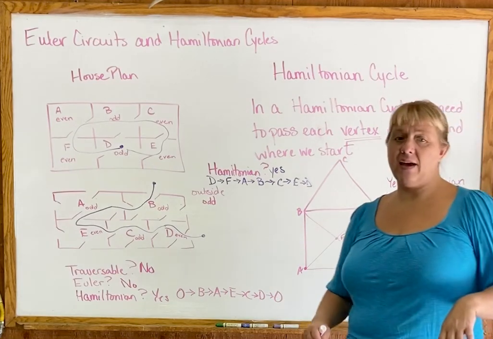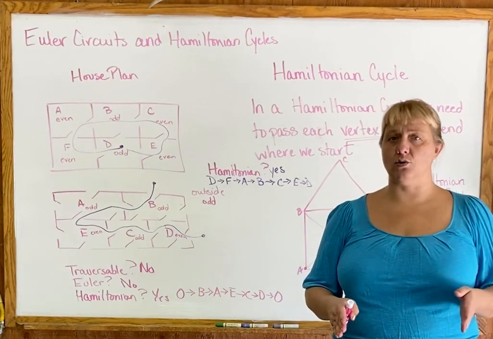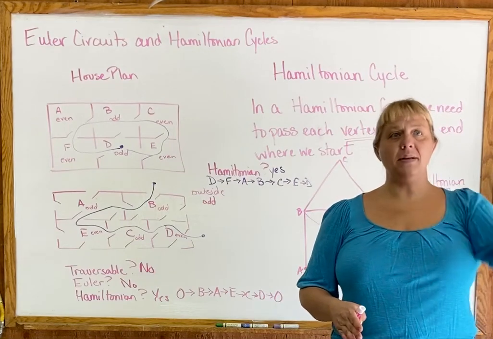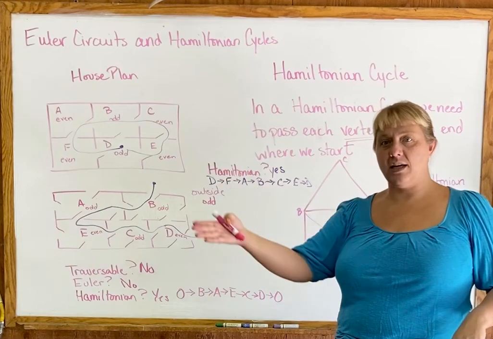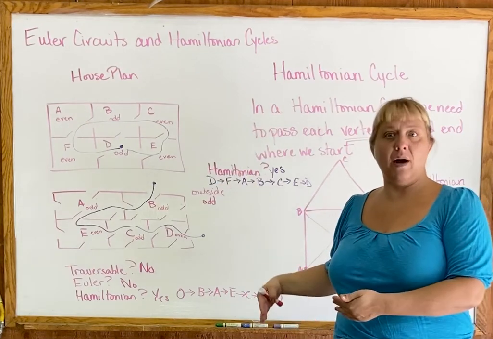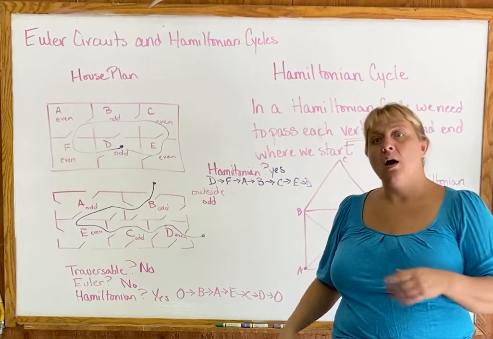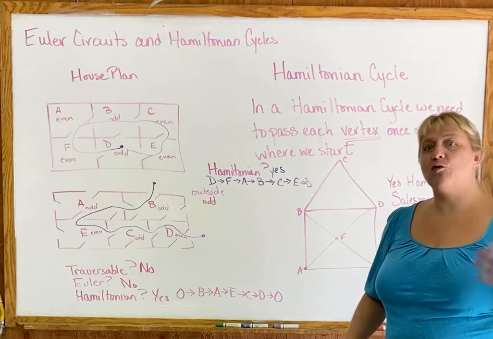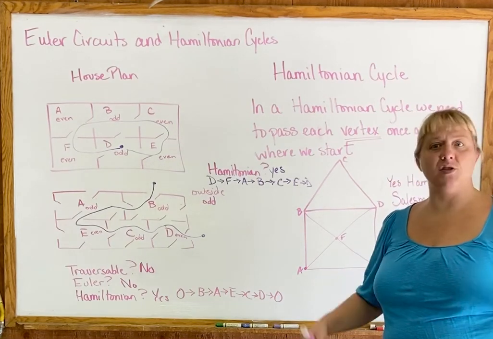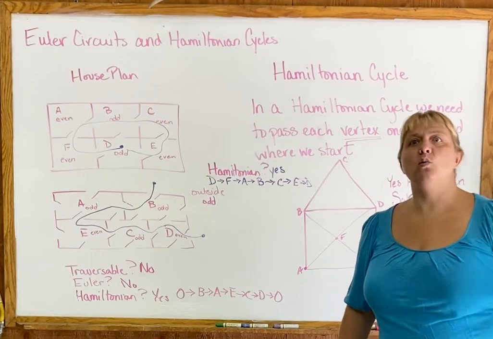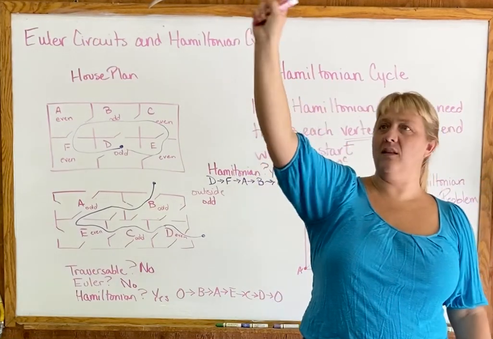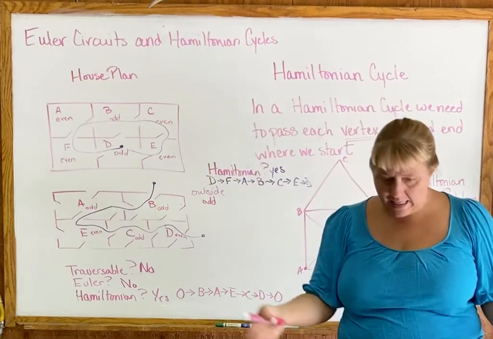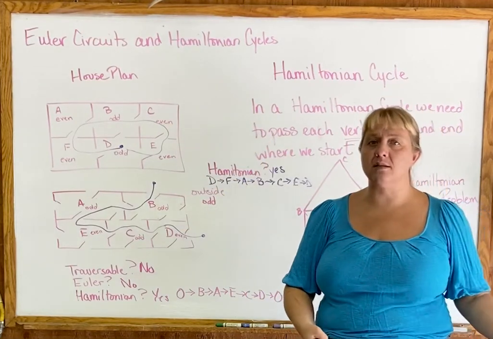The idea behind that is you would like to go into the grocery store, go up and down each aisle, up and down and up and down, and then eventually come back out to the front and go pay and go out the grocery store. But what you don't want to do is have to retrace your steps down aisles you've already been to. So you want to go up and down the aisles, and then at the end, you don't want to end up back in the far back corner, you want to end up back at the front.